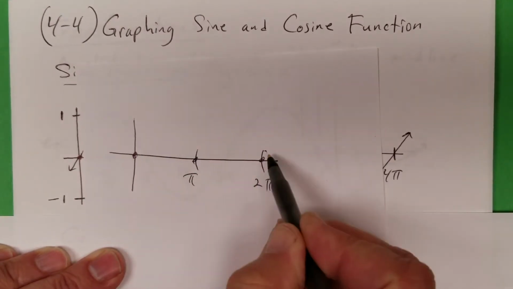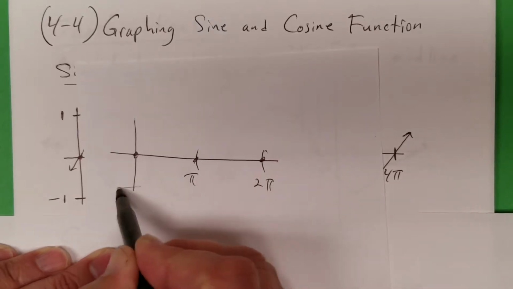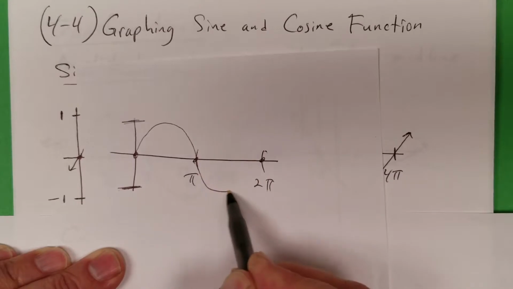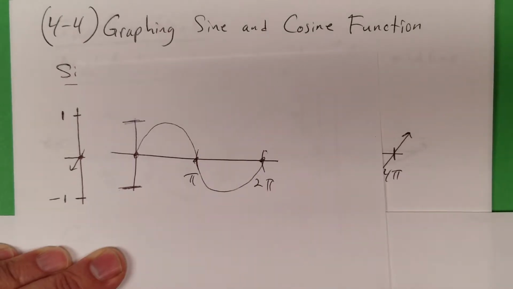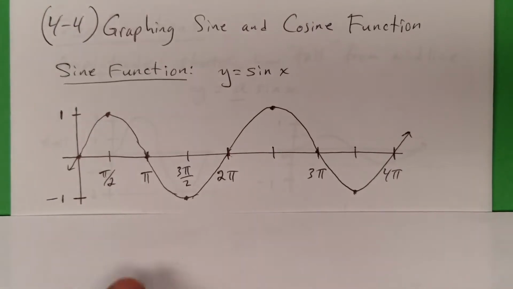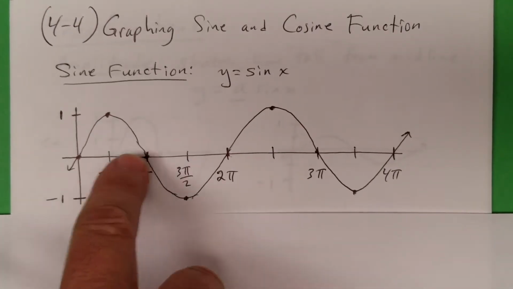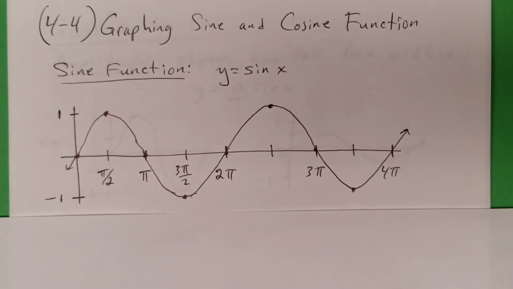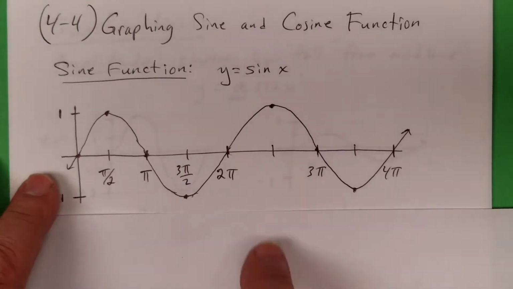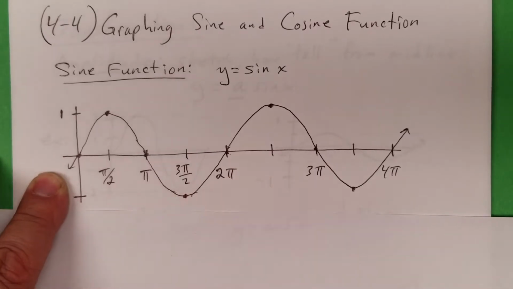So up, down like that, and I'm going to limit myself to 1 up and 1 below, so like that, right? So if you want to be more accurate, you put more angles in between here, and you have a prettier graph. But basically, we usually go up to 2 pi and show one cycle.